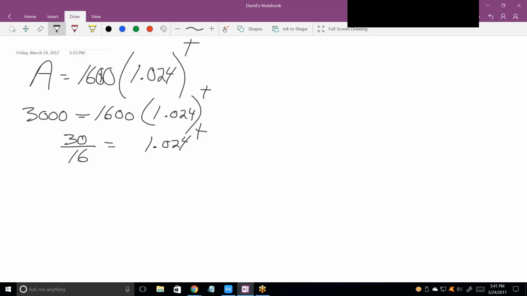Hold on. Remember, at some point, you're going to have to take the logs of both sides. This is the point. So the next step is take the natural log of both sides. Remember, with equations, you can do anything you want to the left as long as you do it to the right. Now tell me what the next line is.